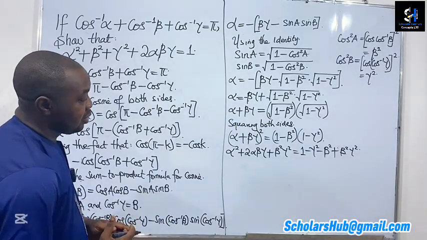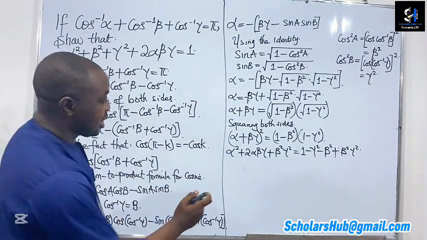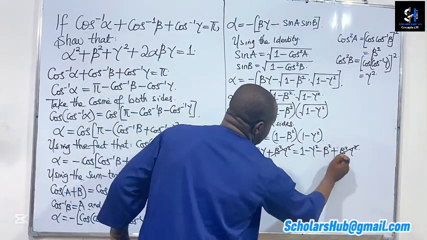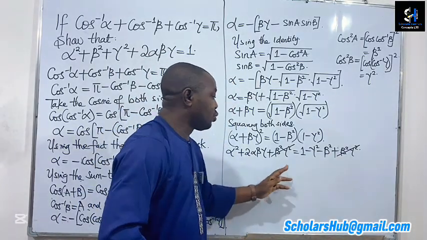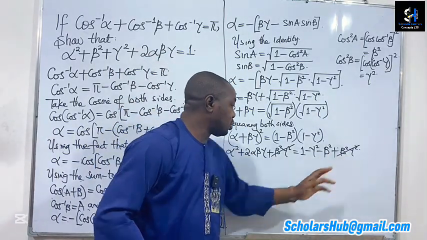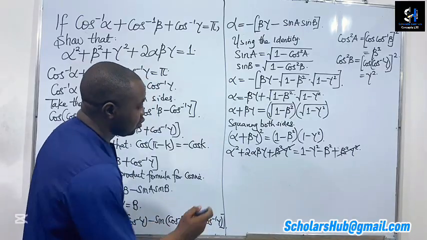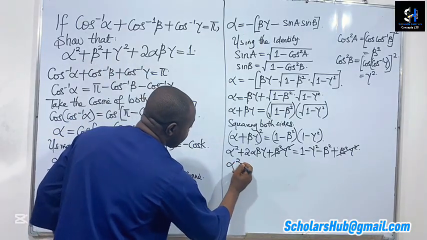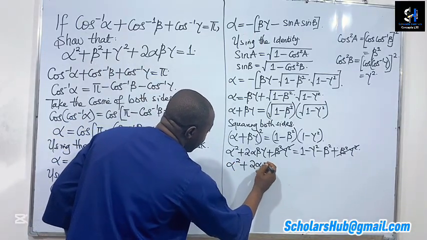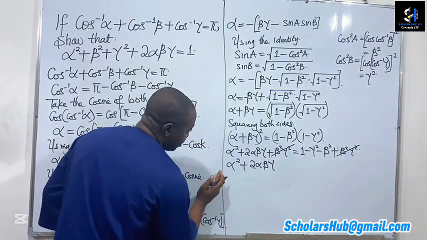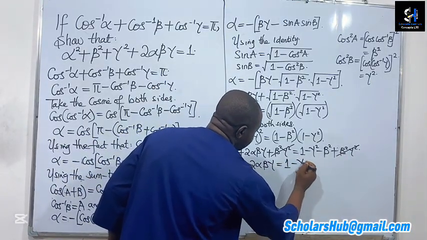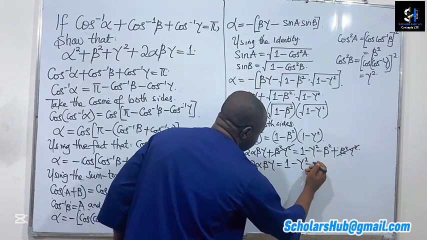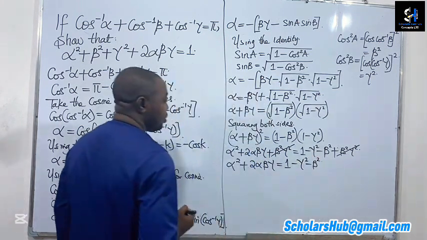So let's check if we have the same thing on both sides. Yes, these two are on both sides. So if I subtract this from both sides, this will be equal to 0. So we'll be left with alpha squared plus 2 alpha beta gamma on the left hand side equal to 1 minus gamma squared minus beta squared.